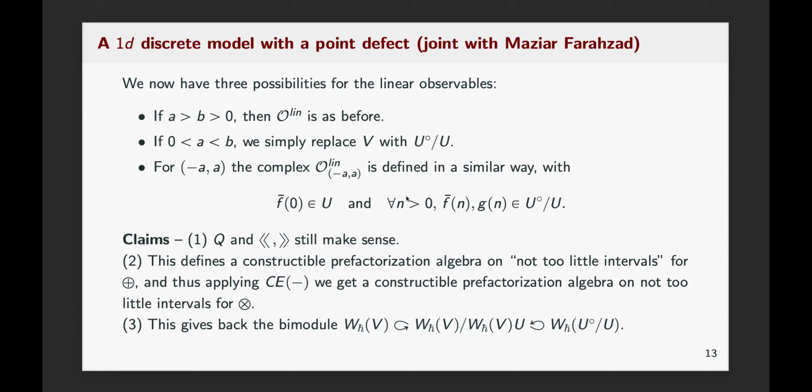That's U circle. Oh, no, 0. Okay. So that's how it works. So functions in degree 0 on the non-positive sites should take values in V, and on the positive sites, they should take values in this other vector space U circle mod U. And for the functions in degree -1, V for negative sites, U circle for 0, and U circle mod U for the positive ones.